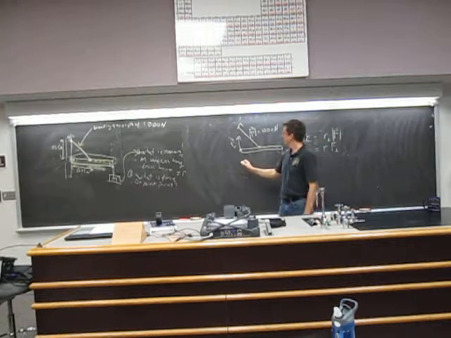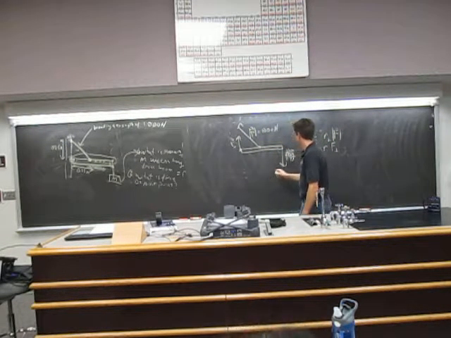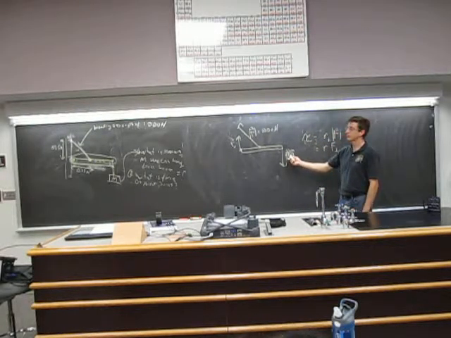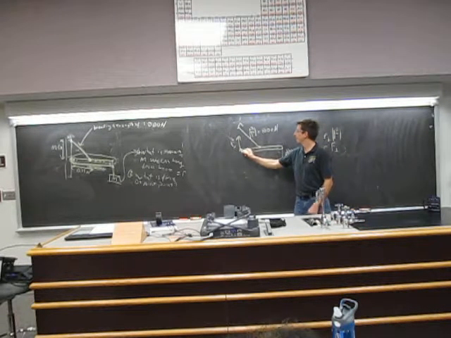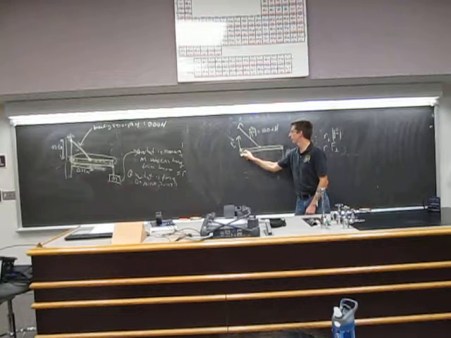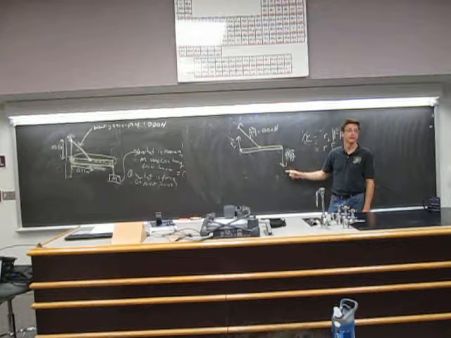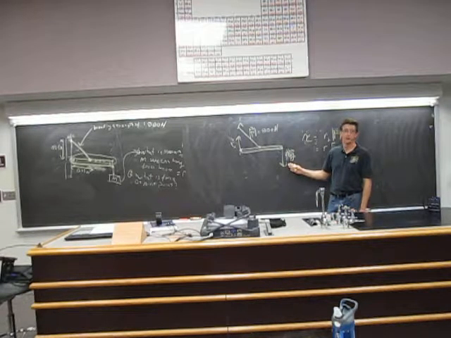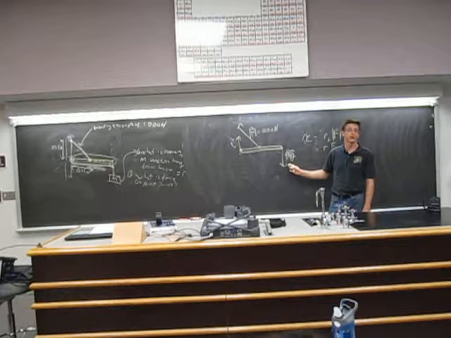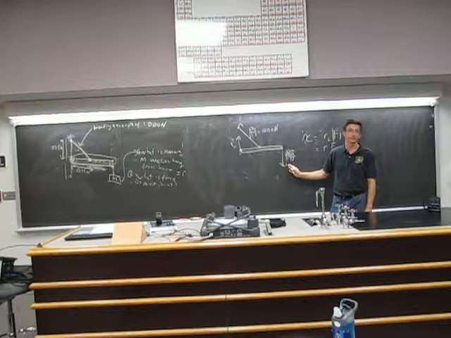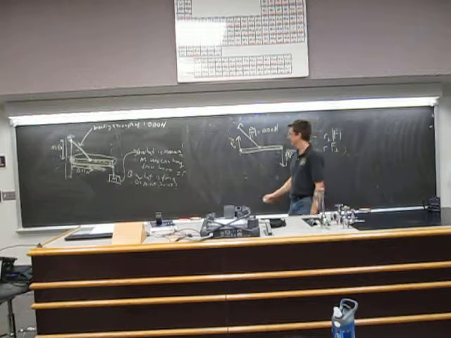All right, let's figure out the torque due to this. Torque due to this force is pretty straightforward because I just take that R perpendicular multiplied by this force. Is that a positive or negative torque? Negative. It makes it want to rotate clockwise, so we'll call that a negative torque.